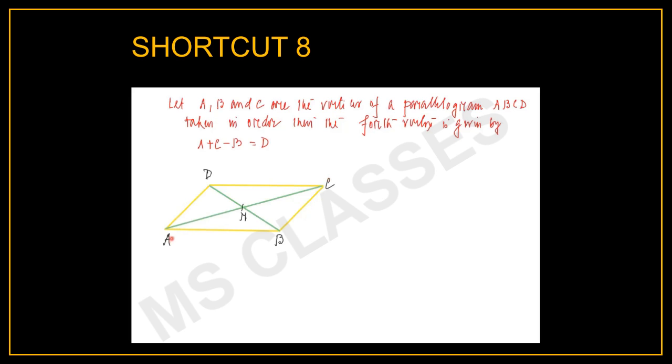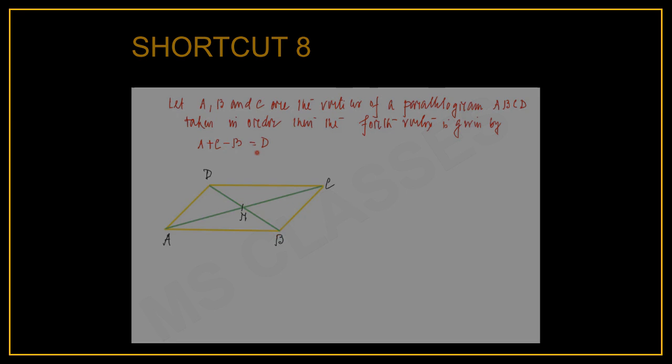Suppose this is x1, y1, this is x2, y2, this is x3, y3, this is x4, y4. So the sum of the abscissas here and here will be the same. But if we remember this one, we can do the calculation in a very simple and convenient way, in a very short time. So let us see one application here.